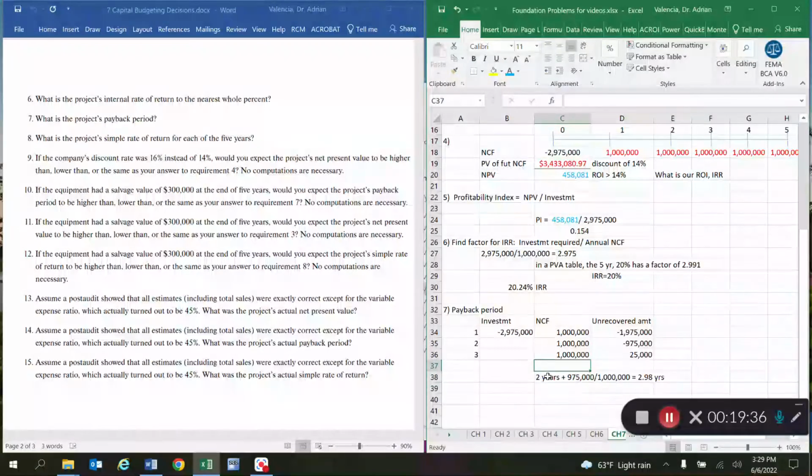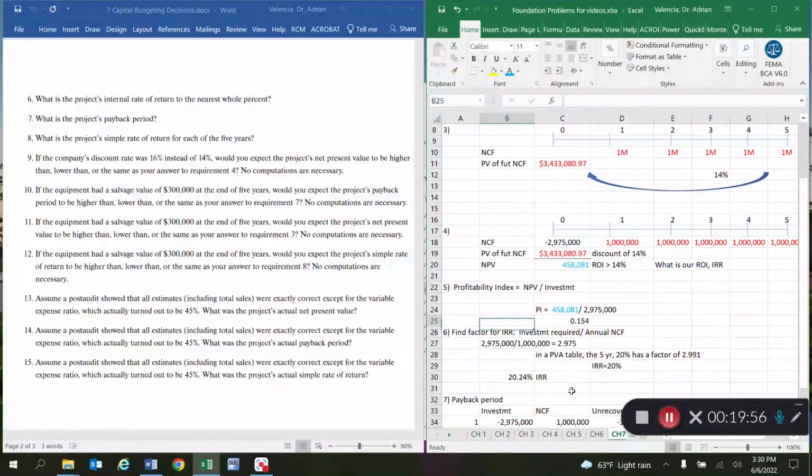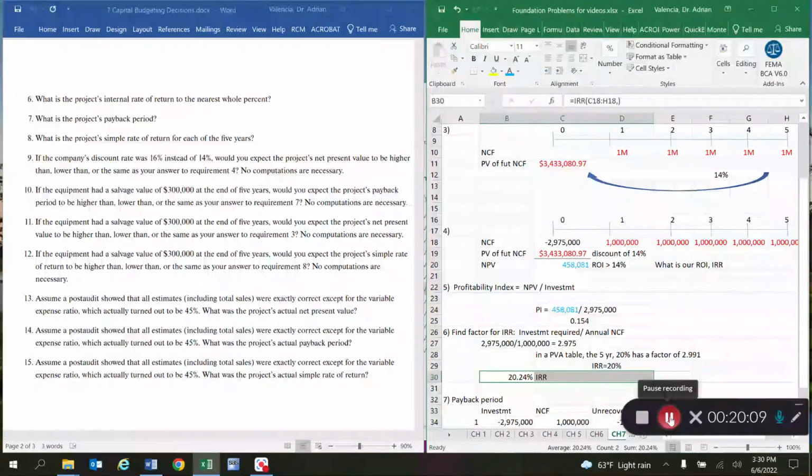So if you notice, we've used quite a few different methods here just to look at this particular investment proposal. We've analyzed the present value of the net cash flows, and a step up after that was just the net cash flow method. We also used the profitability index method, which gave us a value of 1.15. And then we looked at the internal rate of return and noticed that this investment proposal is giving us a 20.24% rate of return, a return on our investment.